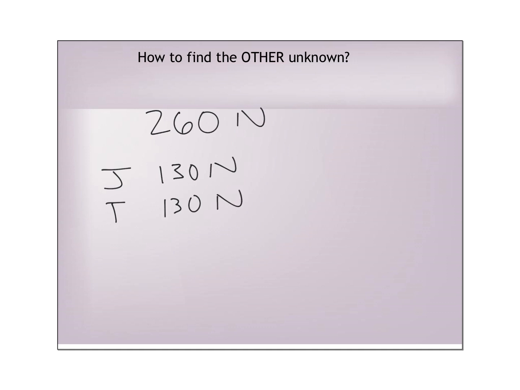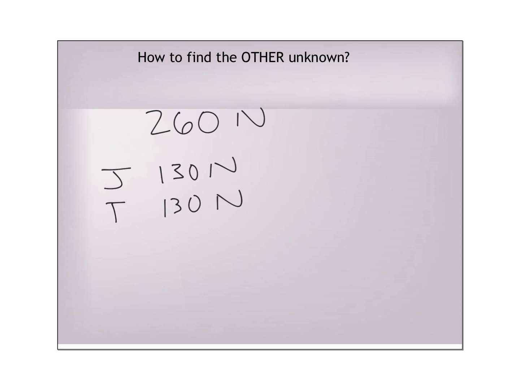Or I can recognize that the total weight was 260 newtons. And if that thing is balanced, the total weight upwards has to be 260 newtons. If Jake exerted 130, Tyler would have to exert 130. They would add up and equal out. And that's all I really have to do.